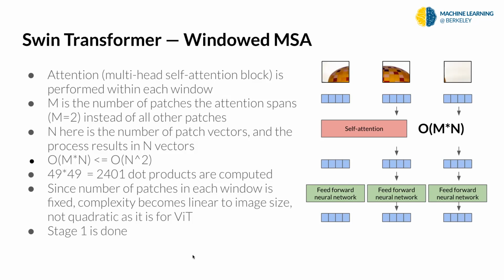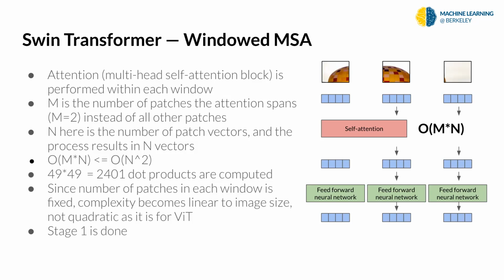We're computing a smaller number of dot products within each window. And since the number of patches in each window is fixed, complexity becomes linear to image size. So as we increase the size of our image and generate more tokens, complexity is linear with regards to increases in image size, not quadratic as it is for vision transformers.